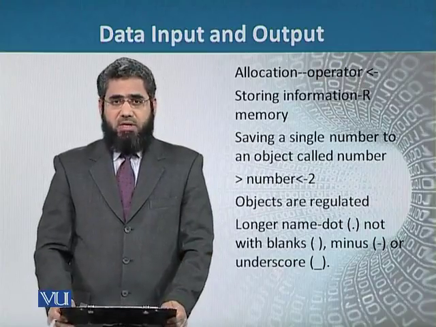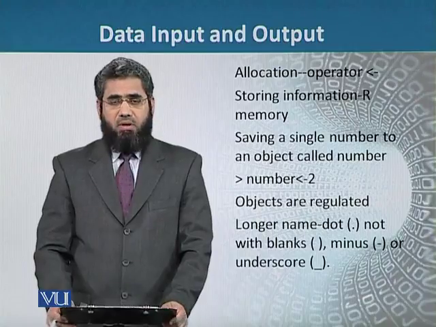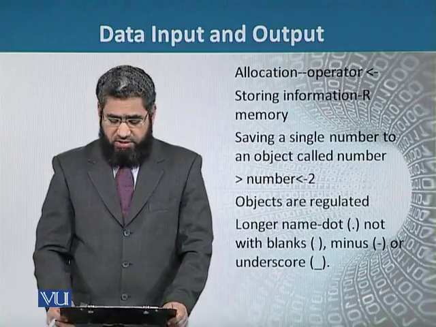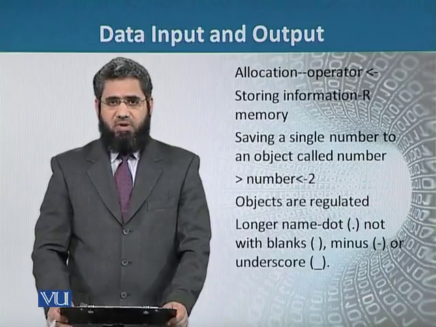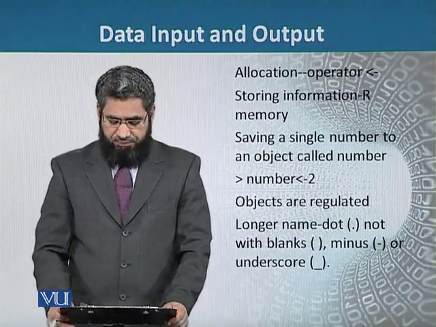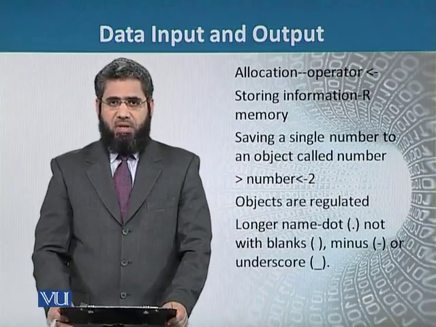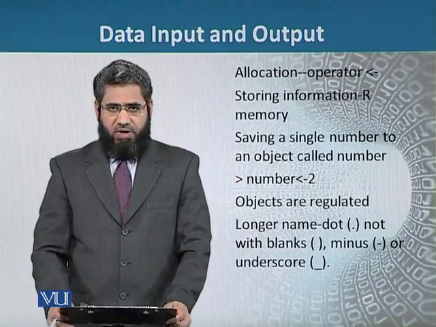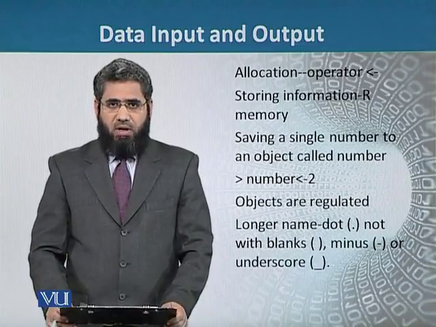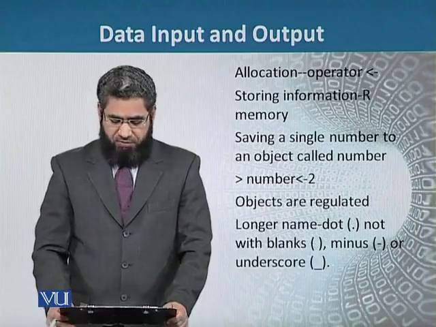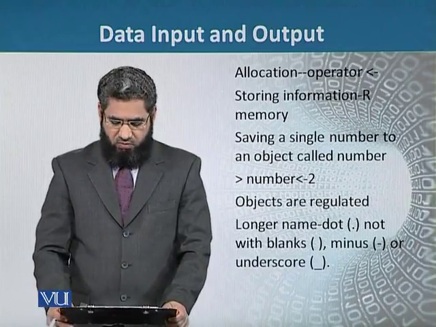So allocation is a sort of operator that can be used as the less than sign coupled with the minus sign, and this allocation is used to store information in an object that is present in the R memory. And whenever we use the allocation, the older object is overridden with the new one.